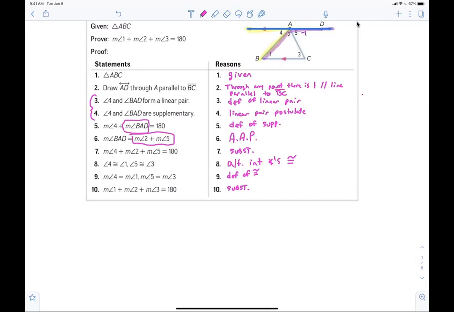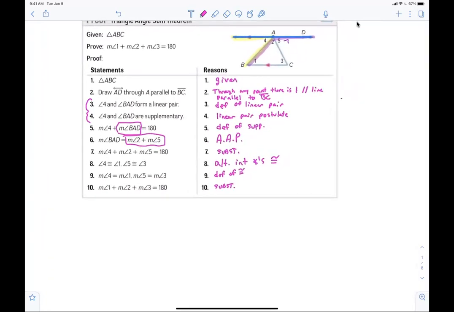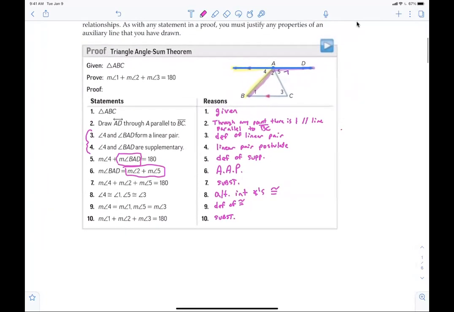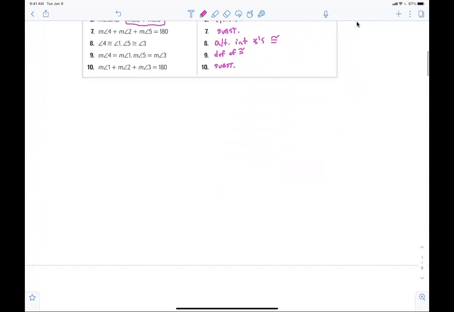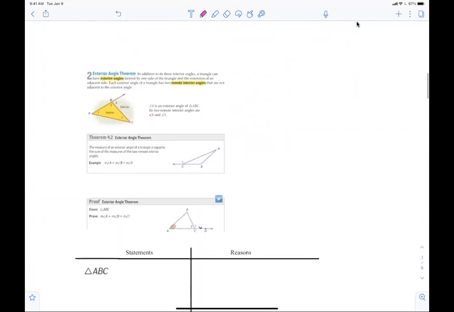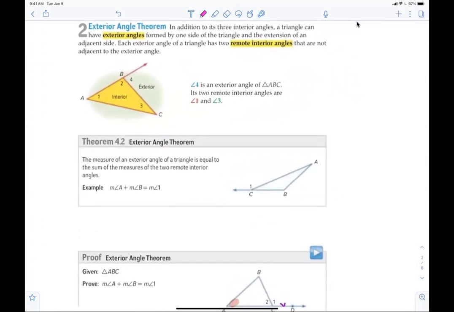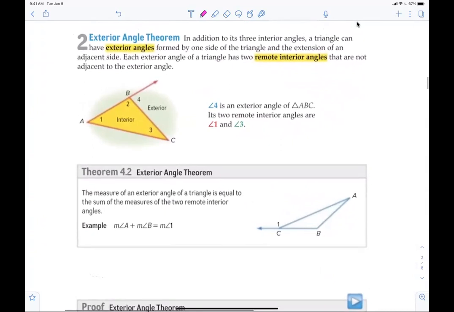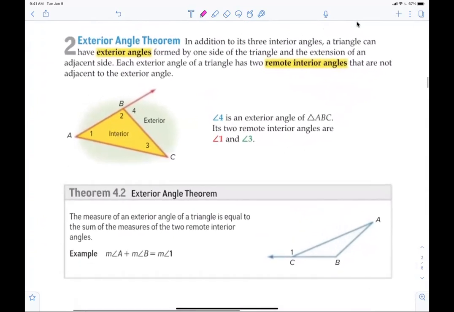All right, time to go on. Here we go. Now, the next big proof is this. In a triangle, there are interior angles and there are exterior angles.